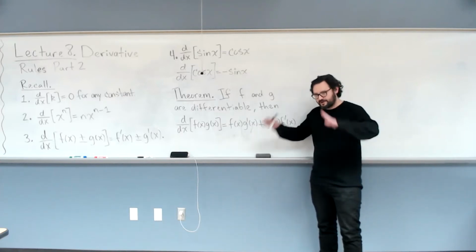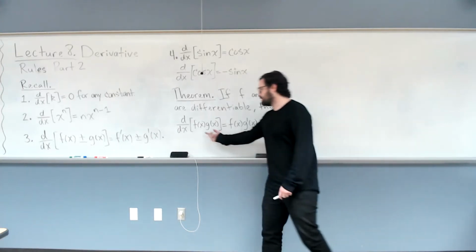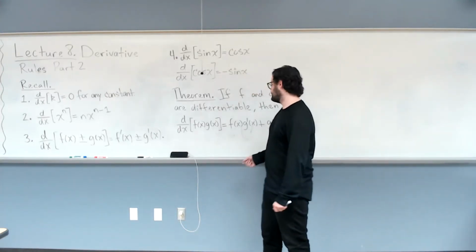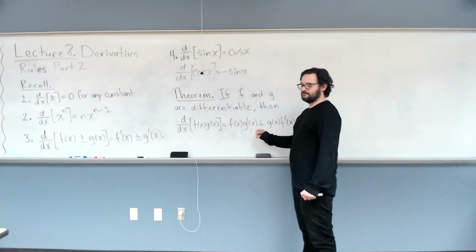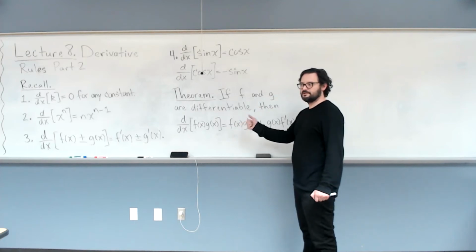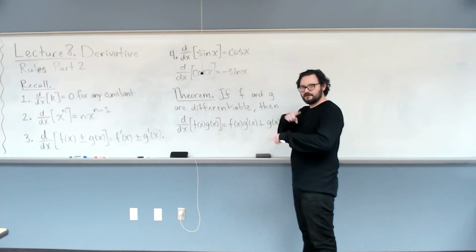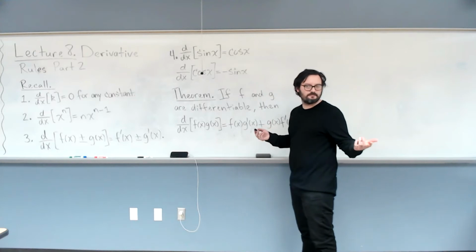But pause. Let's think about what this is saying. The derivative of the product of these functions is the sum of a function times the other one's derivative. Do sums matter? Is 1 plus 2 different than 2 plus 1? No, right?